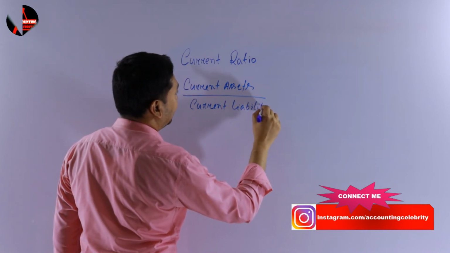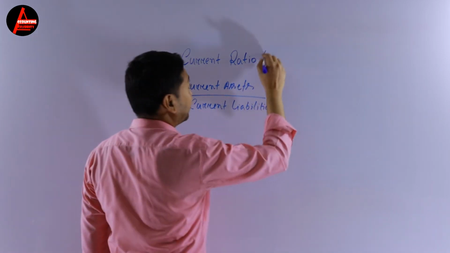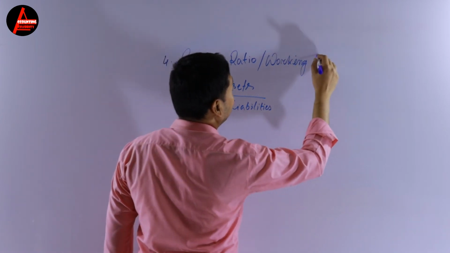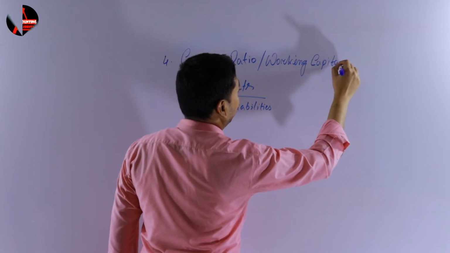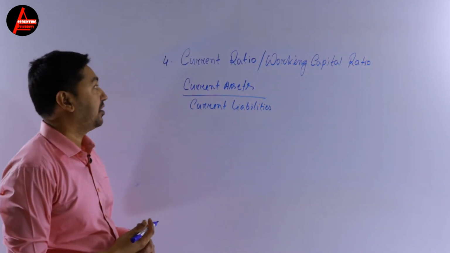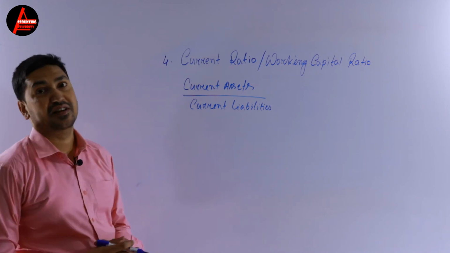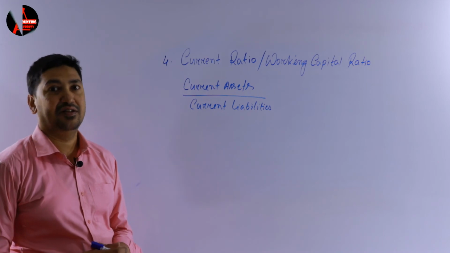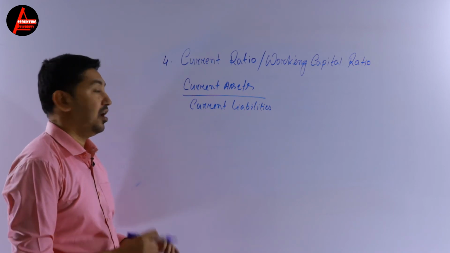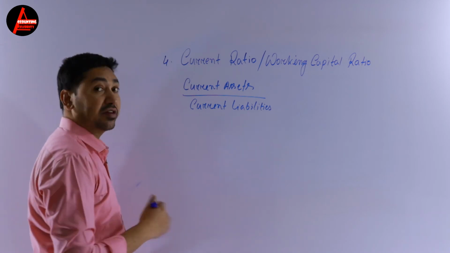Current ratio is also called working capital ratio. So here you have to divide your current assets by current liabilities. Already in the previous formula I discussed your current assets and current liabilities. So here, how to calculate the ratio?